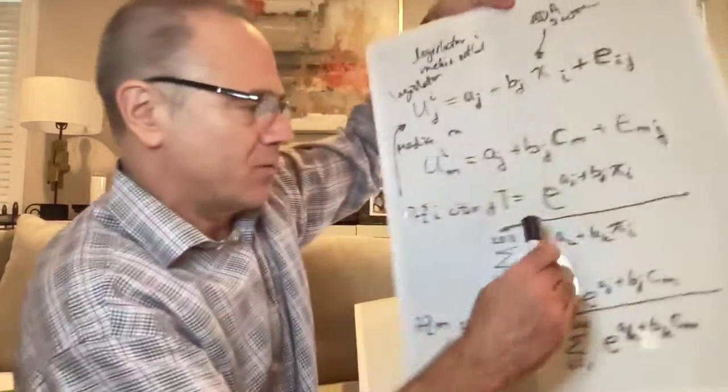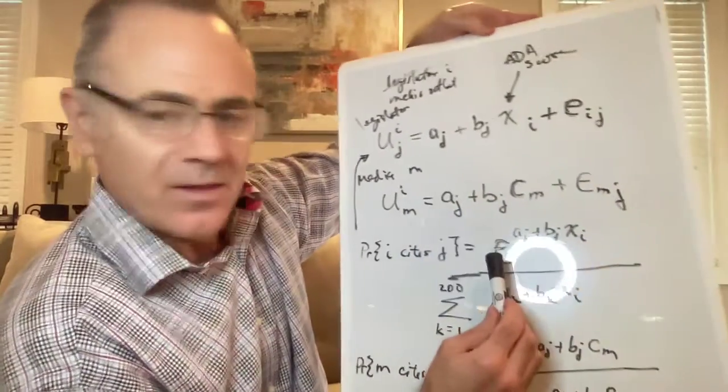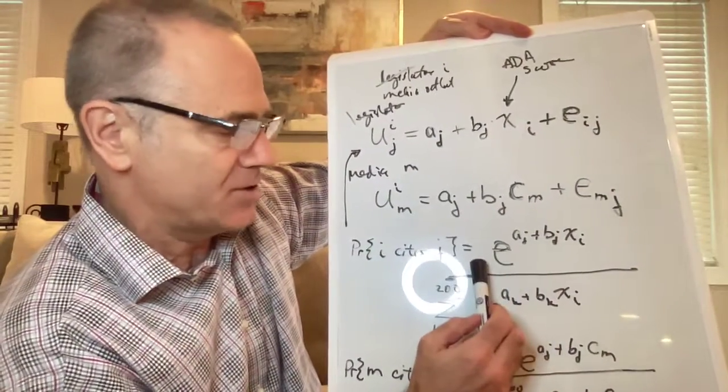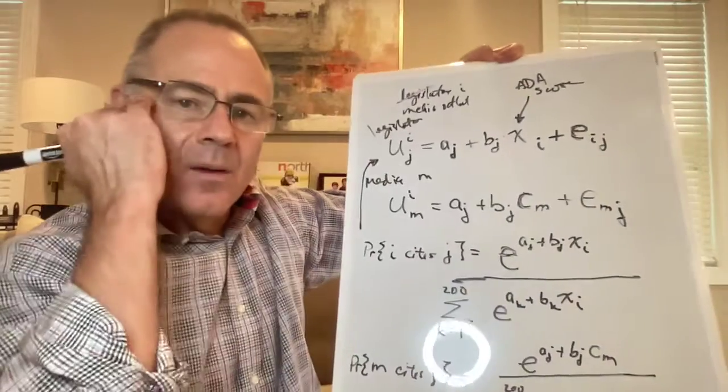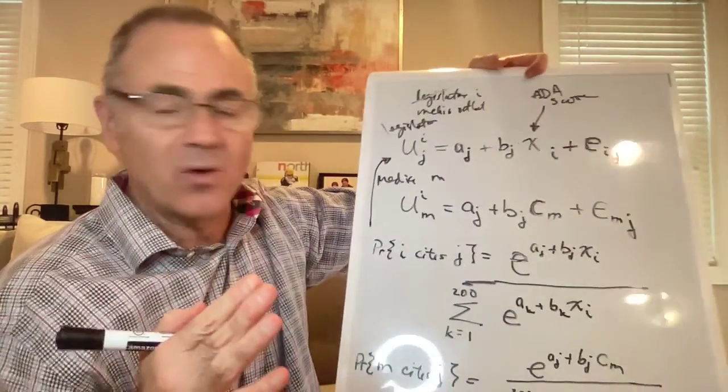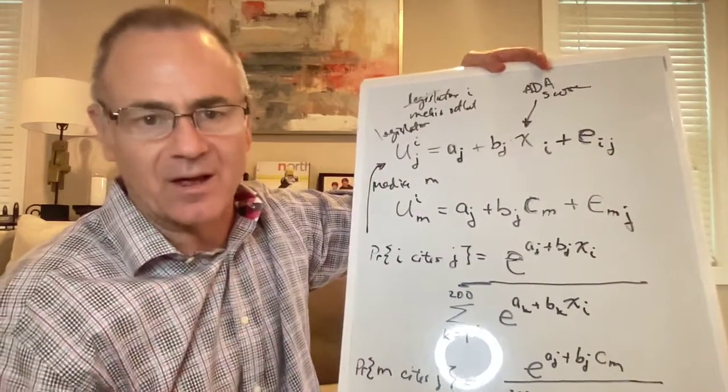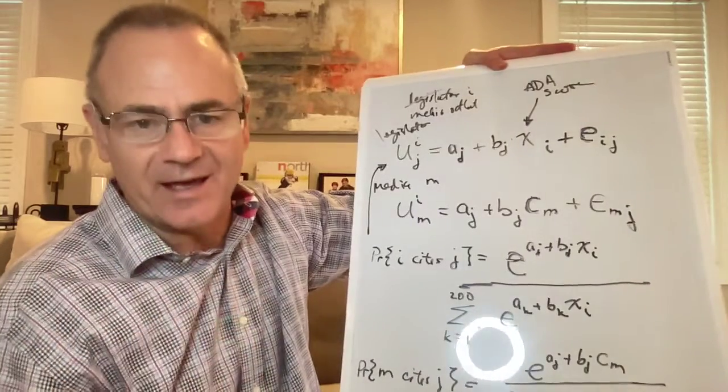Let me show you why that is true. First, I'm just going to rewrite this probability term, but what I'm going to do is add lambda to all the a's.